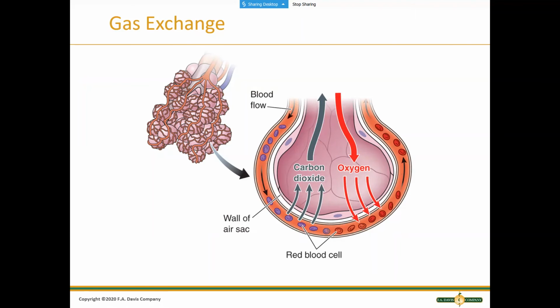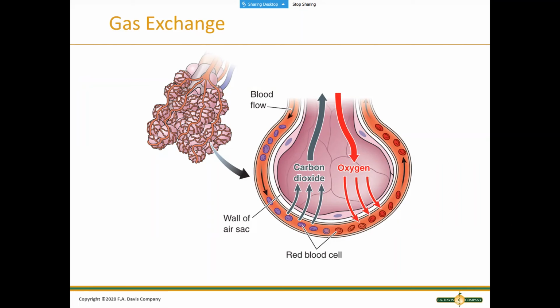With this air sac, imagine if this air sac, the alveoli, was full of snot, mucus. Well, suddenly we have a ventilation problem. Or what about if this blood vessel had a blood clot plugging it up?